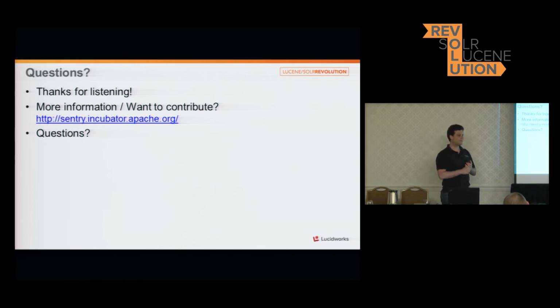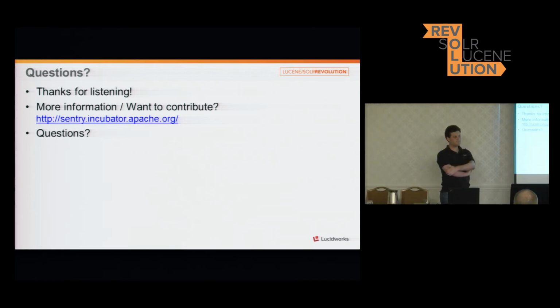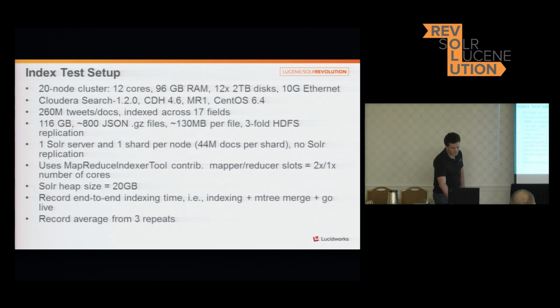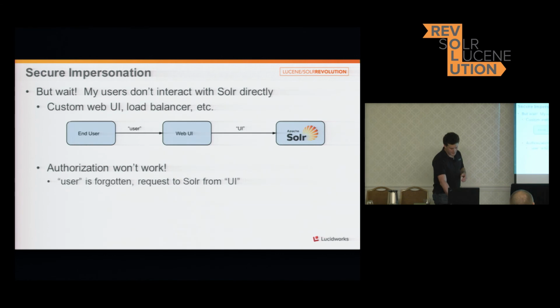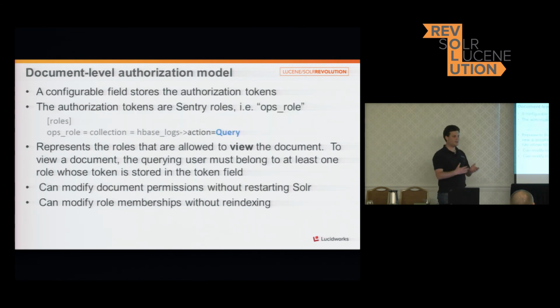For document level authorization, how do you handle changes in the rules to a document? Do you have to re-index all of your data? Yeah, I covered that a bit. The question is, how do you handle changes to permissions and such? The answer is it depends on what kind of change you make.